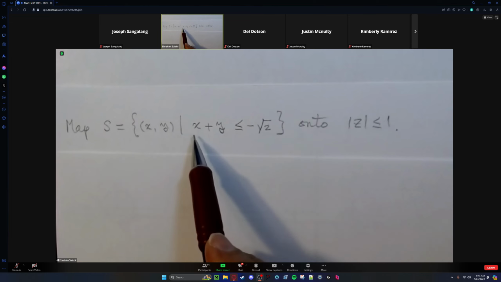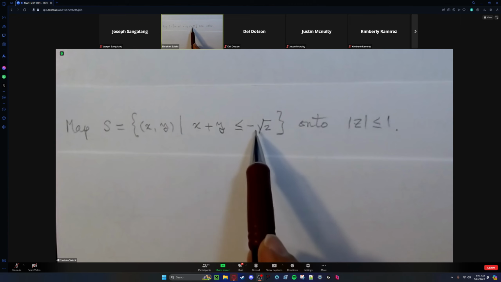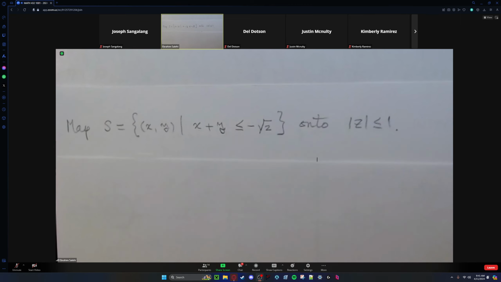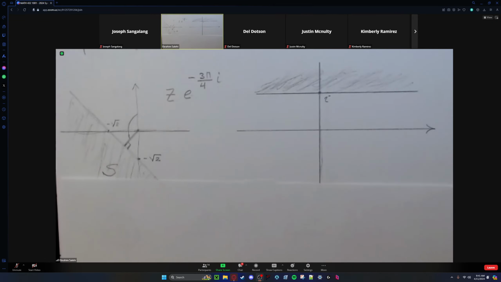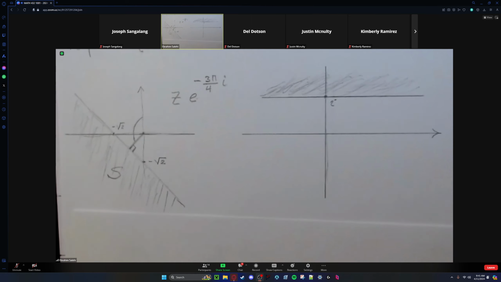You go ahead and graph x plus y equals negative square root of 2. And after graphing it, here, this line is x plus y equals negative square root of 2.